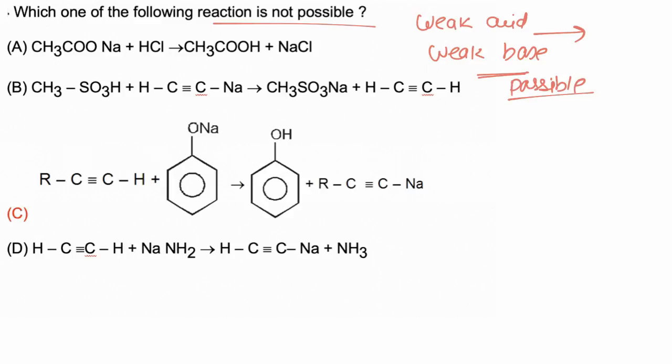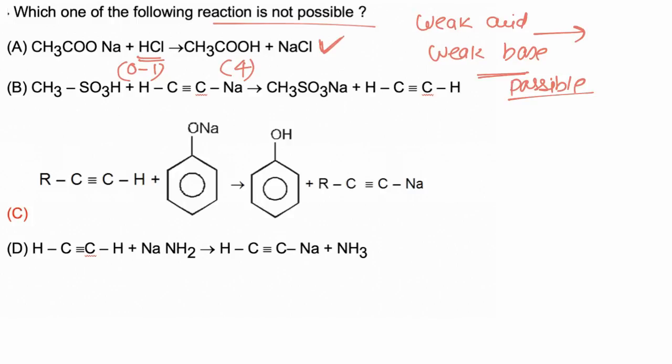So if a strong acid is being converted to a weak acid, or a strong base is converted to a weak base, those reactions are possible. Now in the first case, HCl is a strong acid having pKa value between 0 to 1. Now CH3COOH is formed as a product which has a pKa value of 4. So in this reaction a weak acid is being formed in the forward direction, so this reaction is possible, this reaction is feasible.